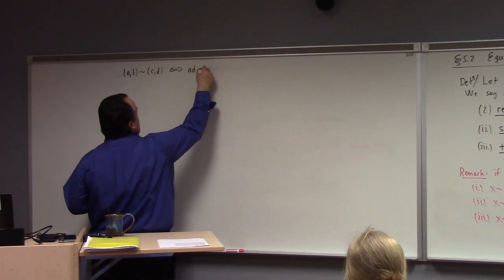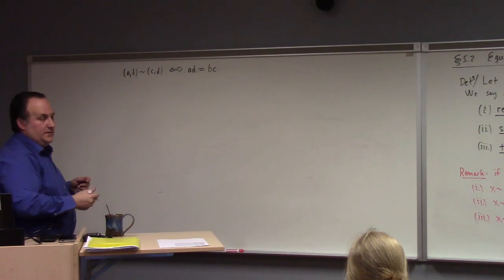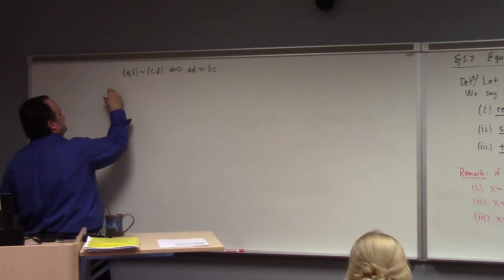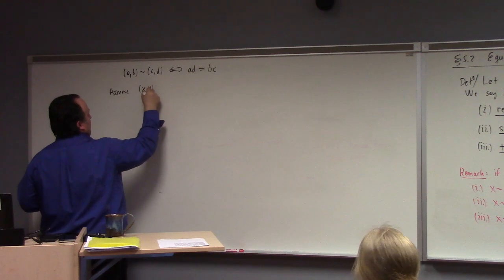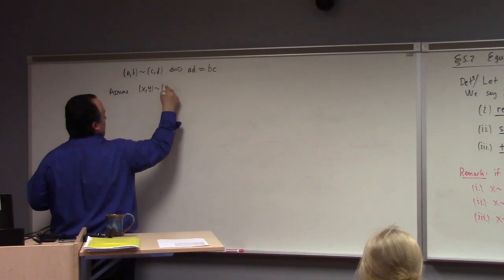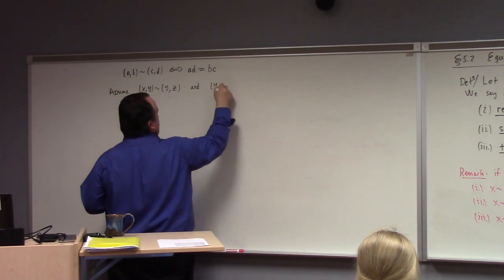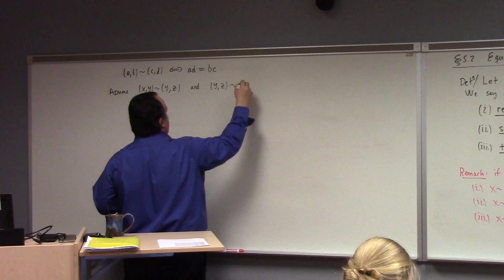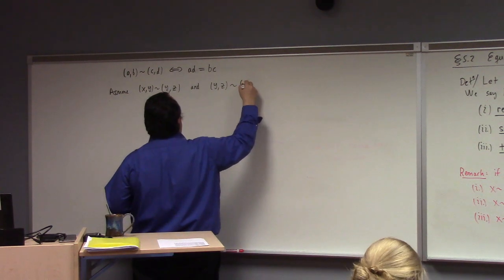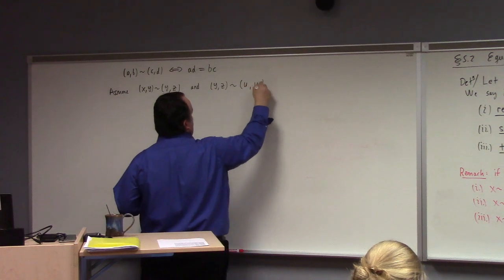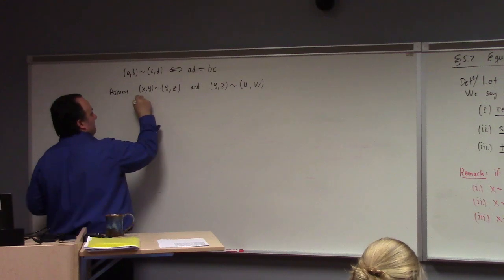AD equals BC, right? Yeah? All right, so let's assume that XY is related to YZ and YZ is related to UW. All right.